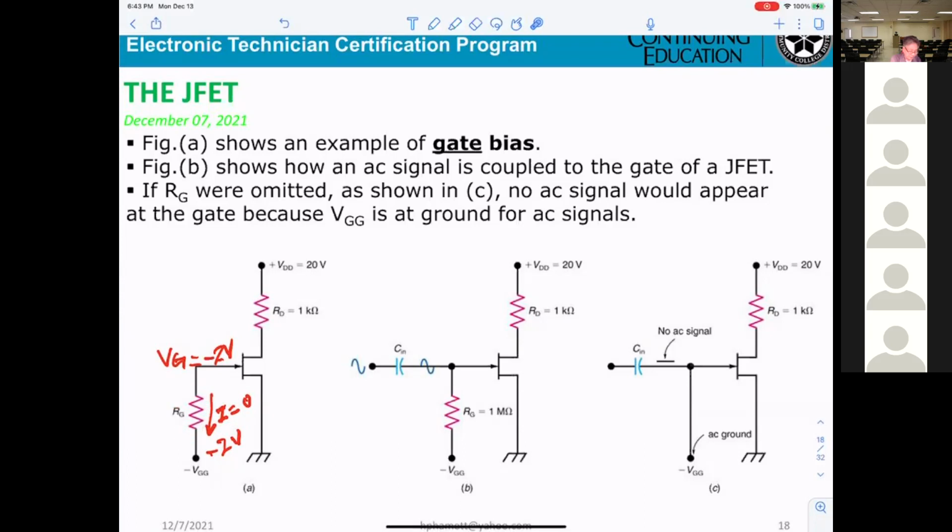So the voltage at this point and this point will be the same. They don't drop any voltage.